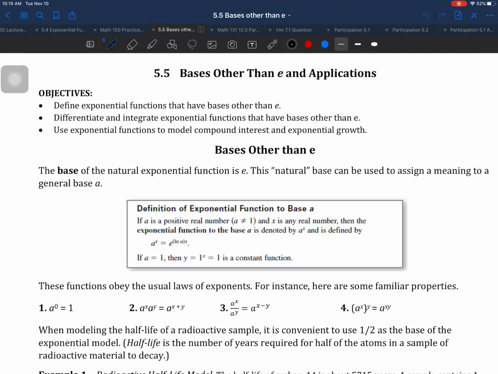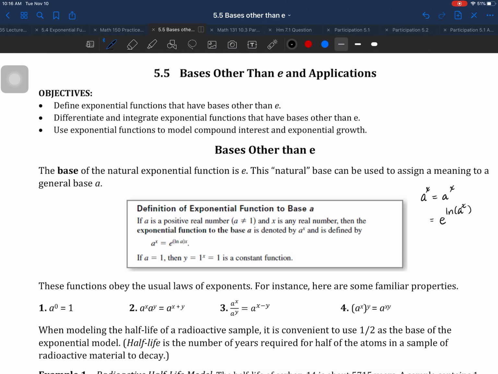So if I have a to the x, then a to the x is a to the x, obviously. Well, what I can do is remember that we had a special rule that e to the natural log of anything will be the same thing of itself. These two cancel each other out, so it's like not doing anything. So if I do that, then this still is a to the x.